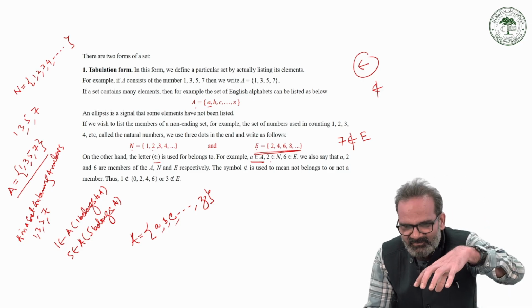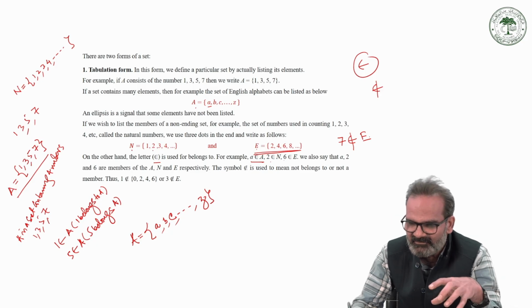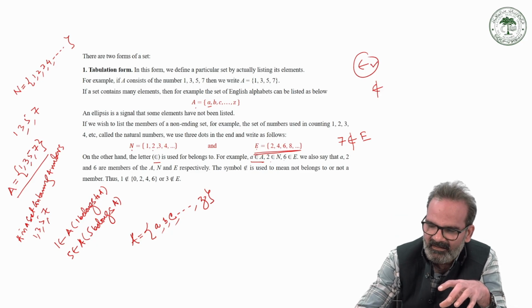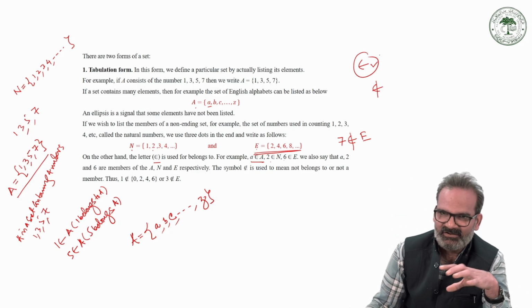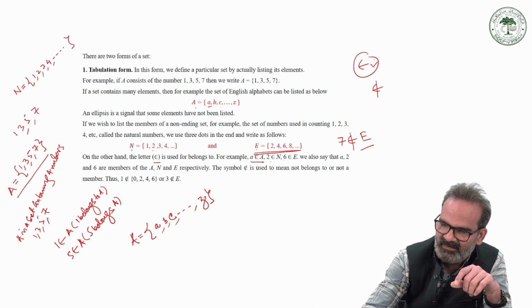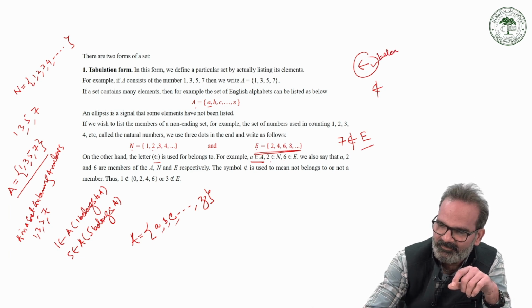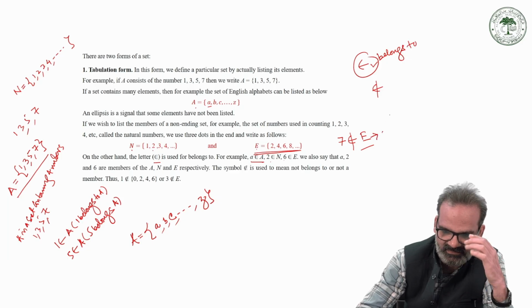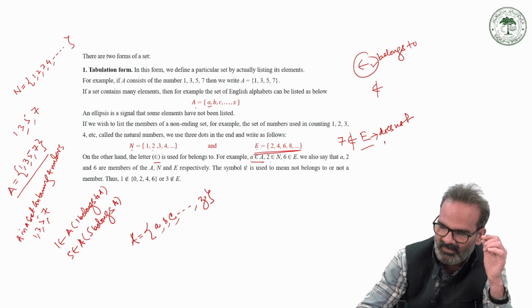So for any member which is inside a set, we will use this symbol, and for any member which is not a member of that particular set, we will use this symbol. So this means belongs to, and this means does not belong to, right.